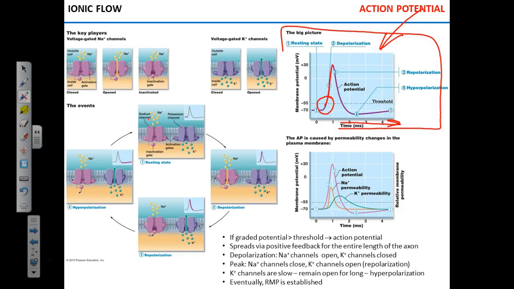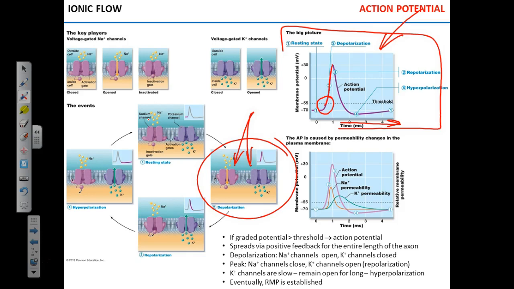In the picture to the left, you can see that sodium channels are open, while potassium channels on the membrane are closed. Is the concentration of sodium higher outside of the cell or inside? Outside, yes.